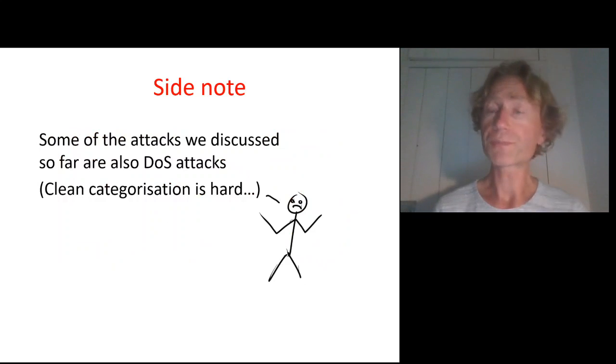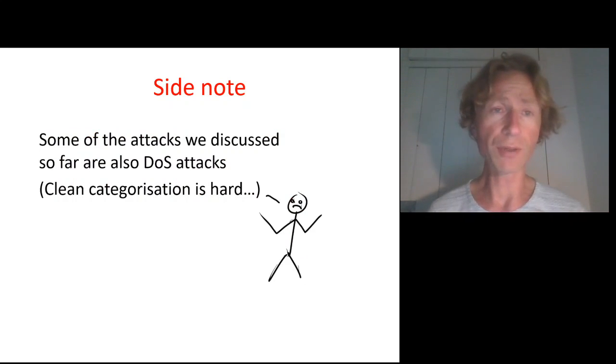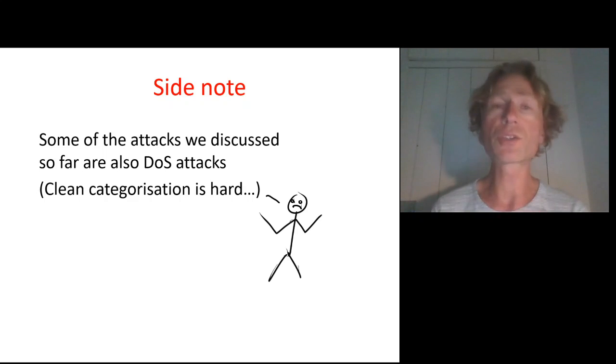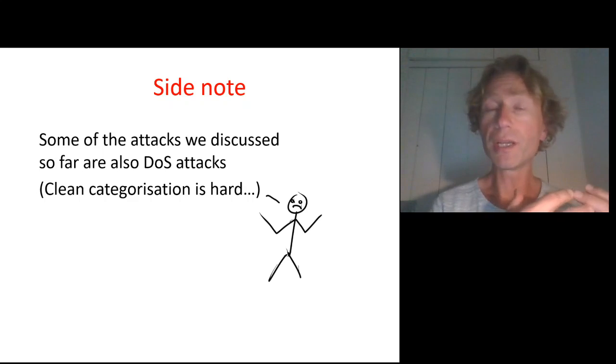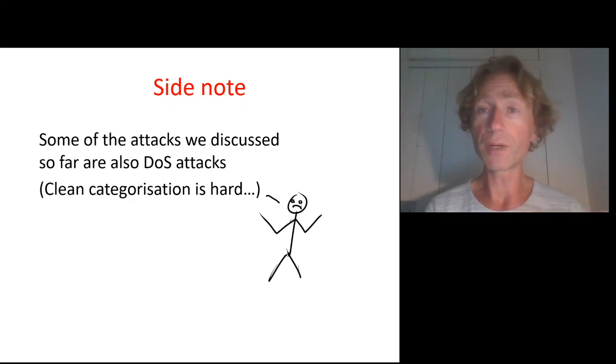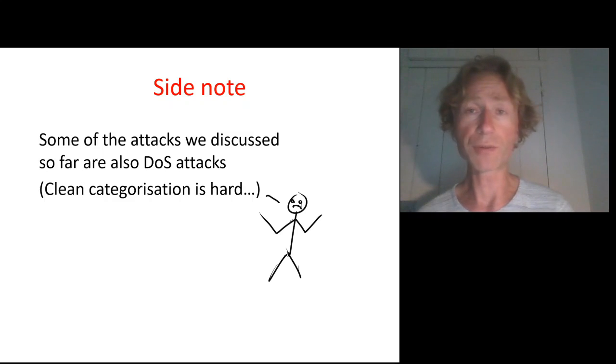active research area also. And I'd like to point out that some of the things that we discussed in the previous videos also contain elements of denial of service attacks, or indeed can be used as denial of service attacks. We've seen that the XStorms can be used as denial of service attacks. The termination of connections can be used as denial of service attacks.